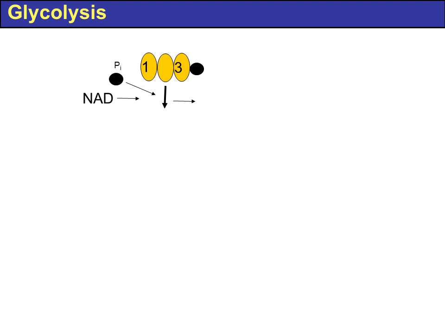We're going to add another phosphate group to carbon 1. Step 6 converts glyceraldehyde 3-phosphate into 1,3-bisphosphoglycerate. Notice that the inorganic phosphate was added to carbon 1, and we had a redox reaction occur. NAD was converted into NADH.